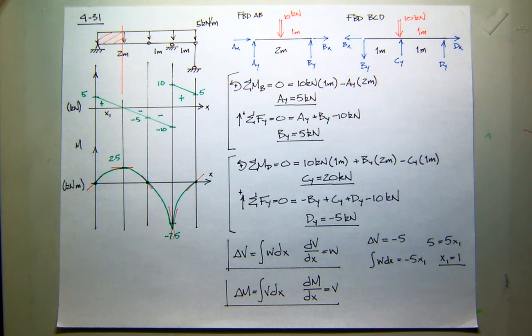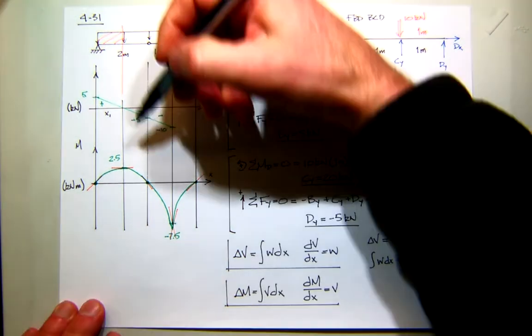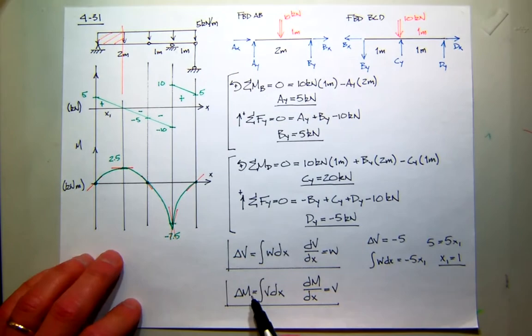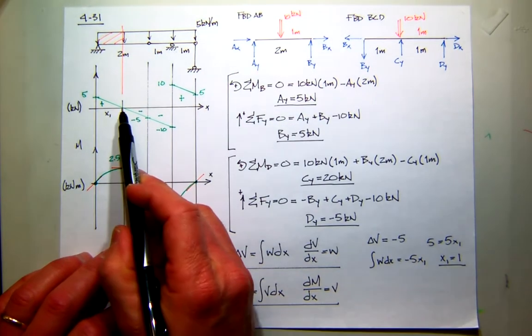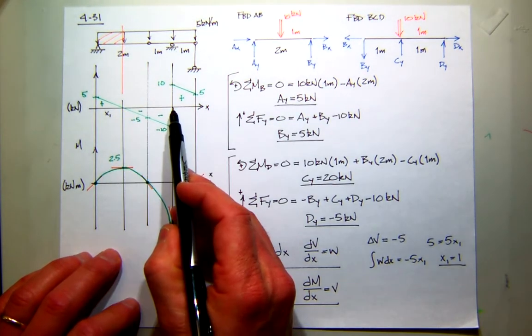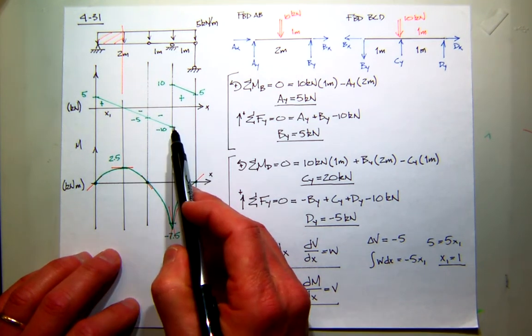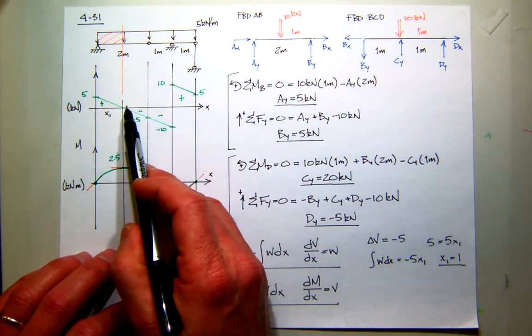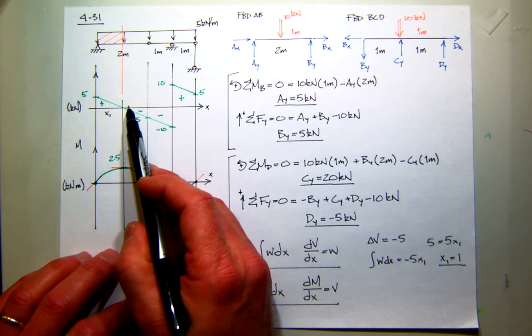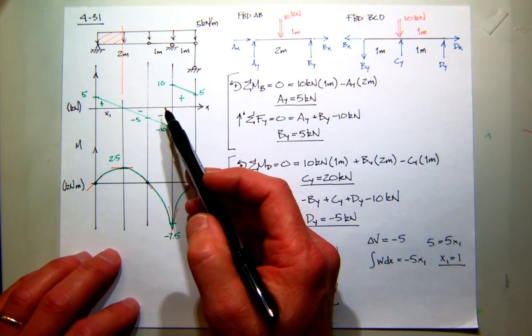So the hinge does not break where you take the area from. It didn't have to. That's an interesting question. I could have computed my change in moment by going from here to here, and the area under this part of the curve, which would be negative 10 times 2, it's still 10.